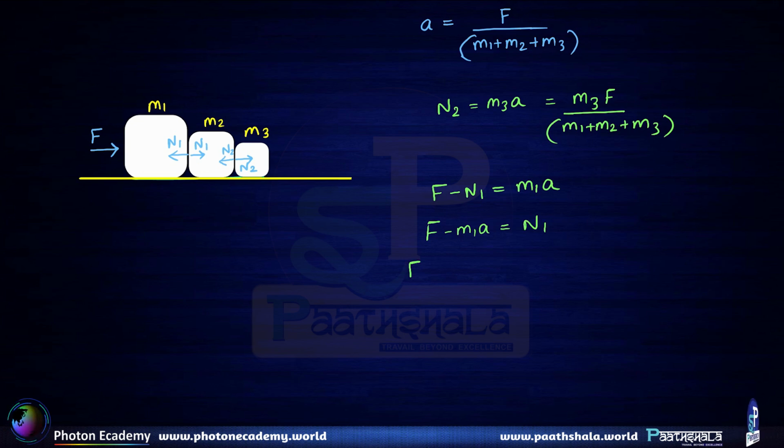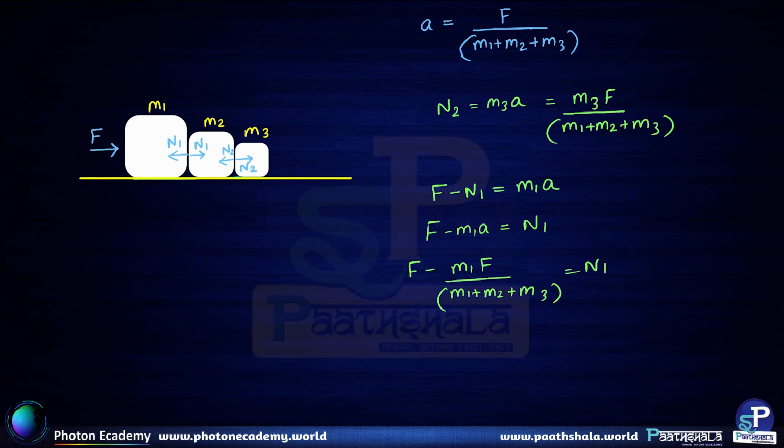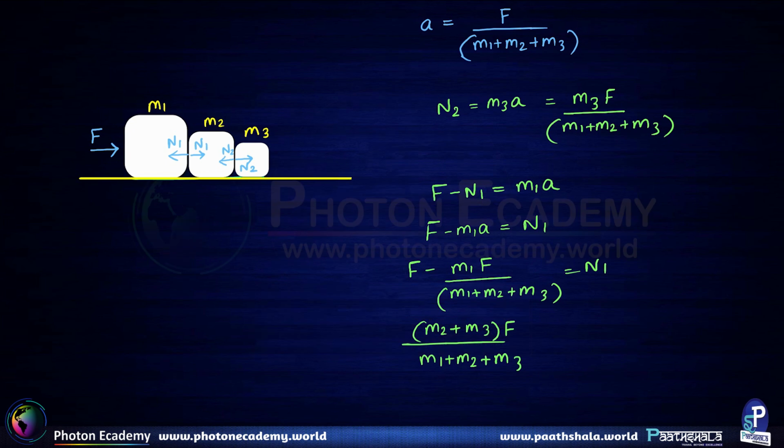So this is going to be equal to F minus M1F upon M1 plus M2 plus M3. This is going to be N1. So after you simplify this, you will get this as (M2 plus M3) into F upon M1 plus M2 plus M3. So this will be the value of N1.